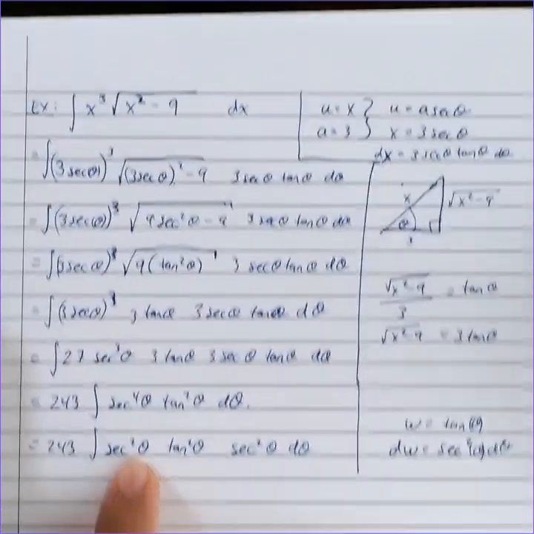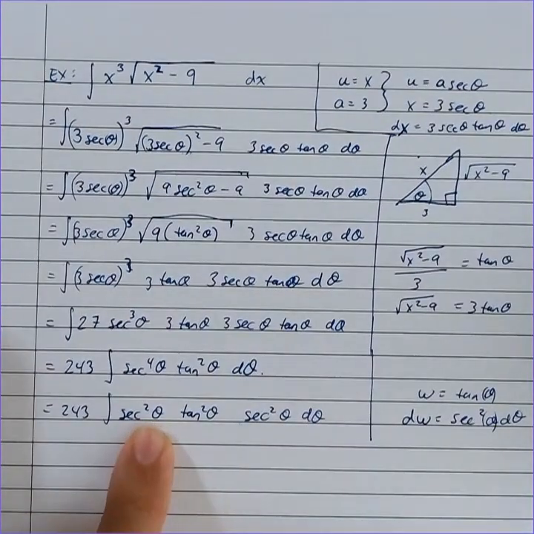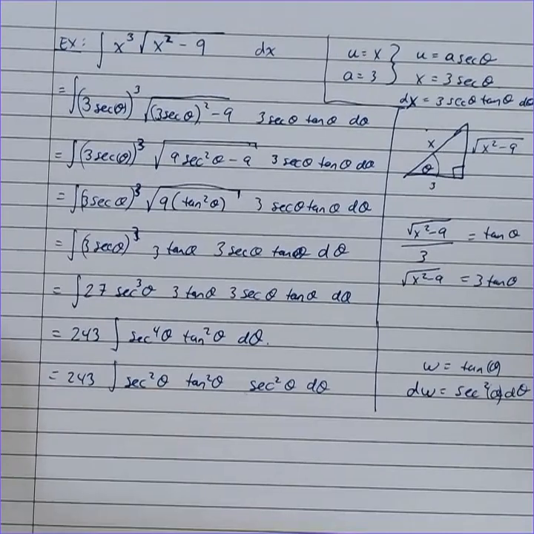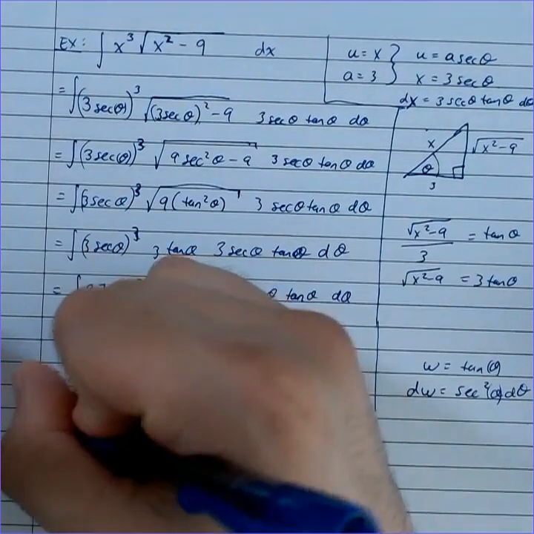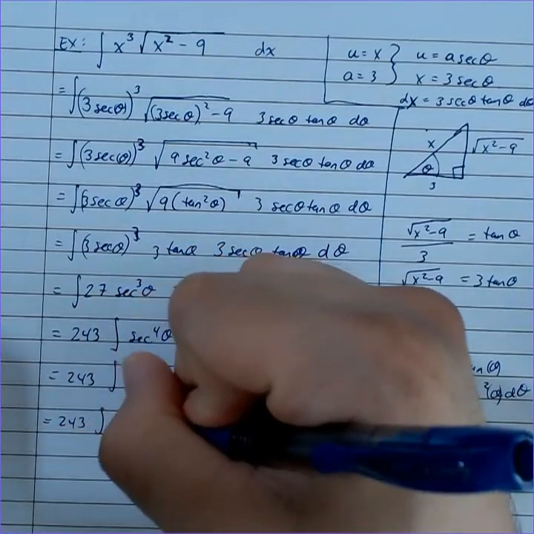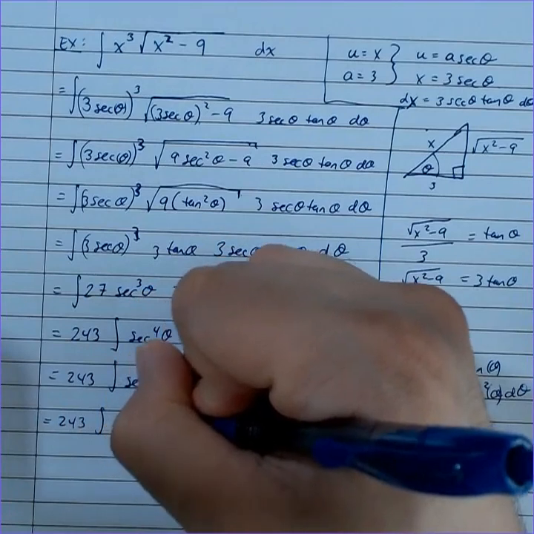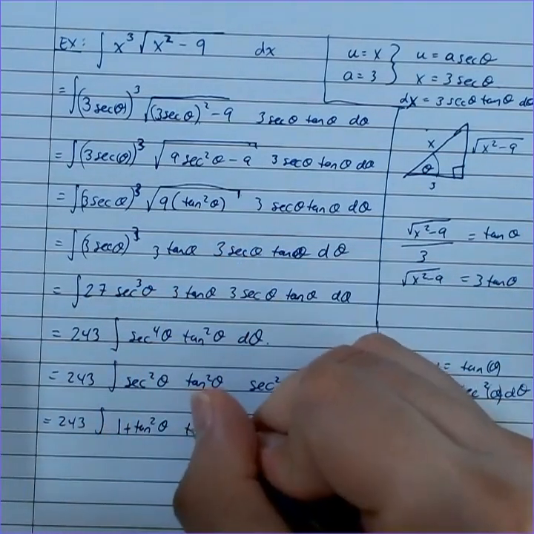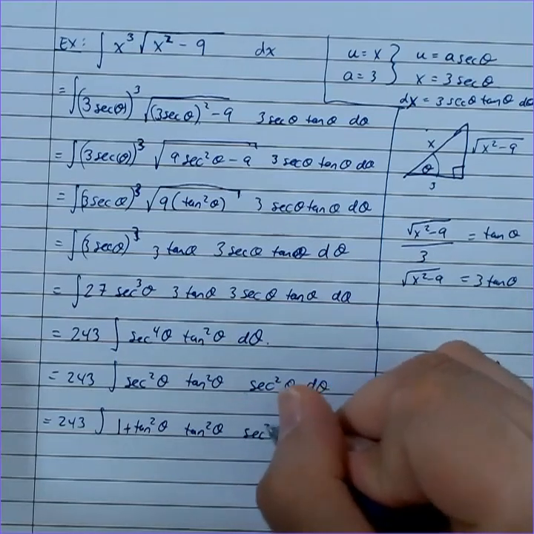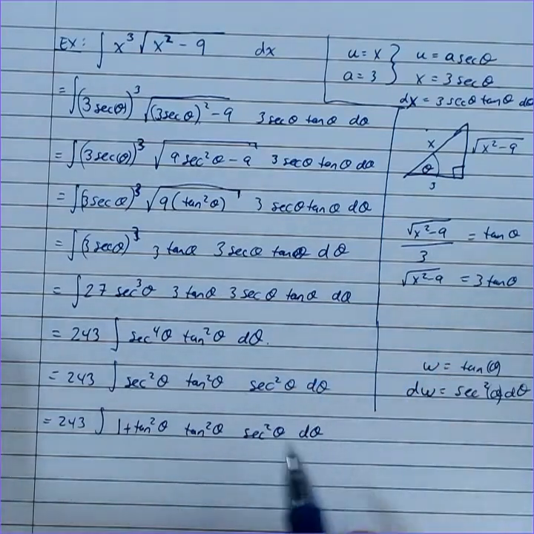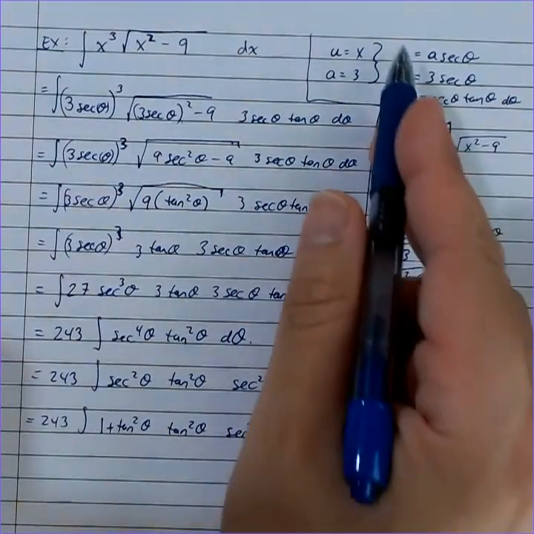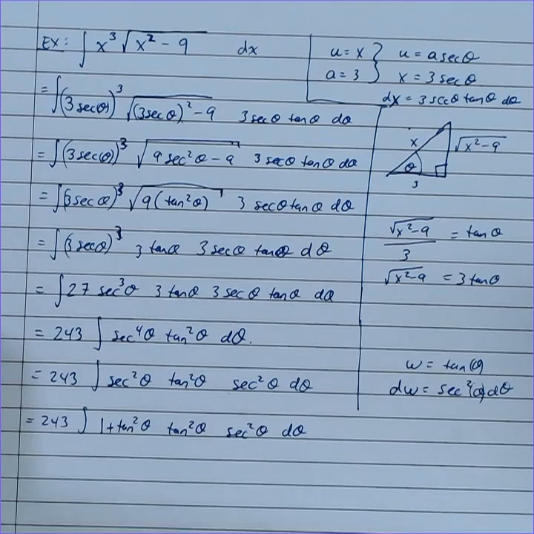Okay, so here we can convert this into 1 plus tangent squared of theta using our Pythagorean identity. So we end up with 243 integral of 1 plus tangent squared of theta times the tangent of theta squared secant of theta squared d theta. And now using this substitution, normally I would call it a u substitution, but we've already used u for something, so a w substitution.